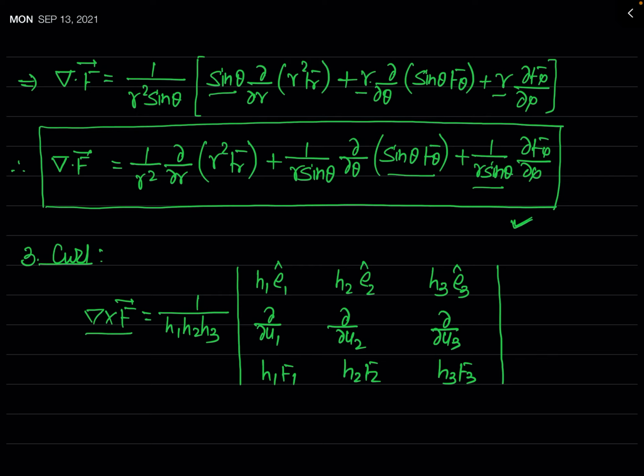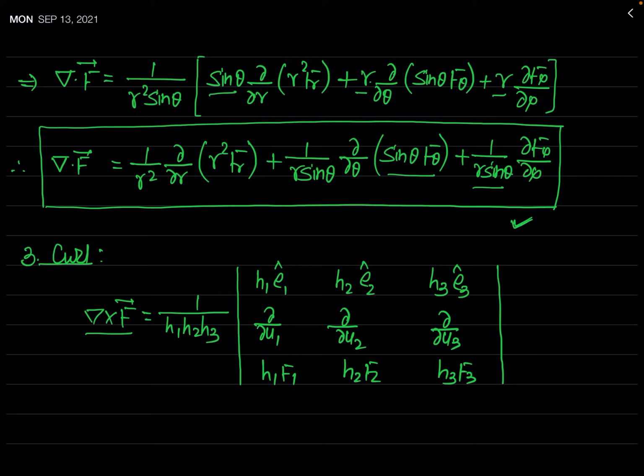We express it in the determinant form like this: 1 over h1 h2 h3, and under the determinant there is h1 e1 hat, h2 e2 hat, h3 e3 hat, del u1, del u2, del u3, and in the third row we write h1 f1, h2 f2, and h3 f3. We have seen this expression for curl of a vector field f in your previous lecture.